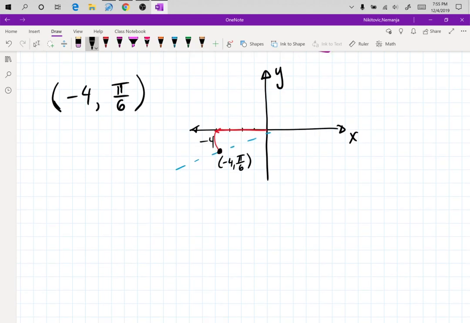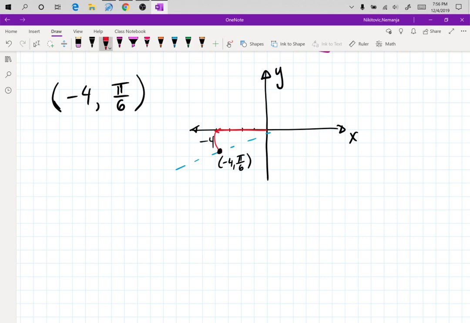The question now is, well, hold on. We have x and y, and that point is given in these new polar coordinates. Does it have xy coordinates? And the answer is yes. We just have to convert this.